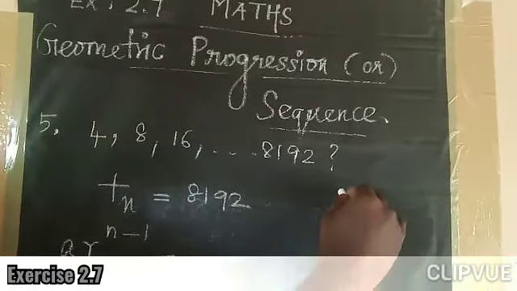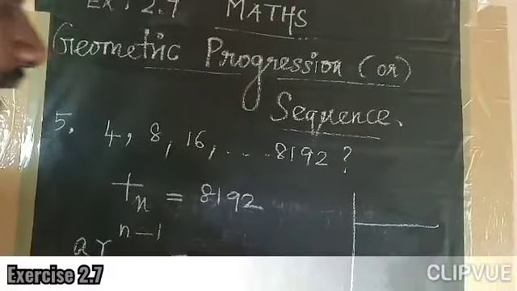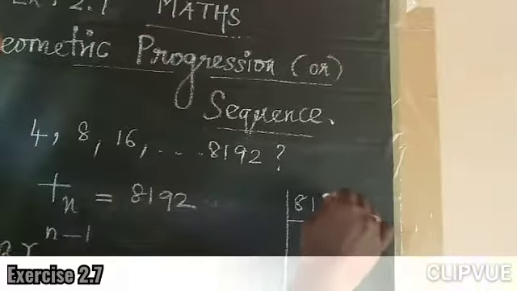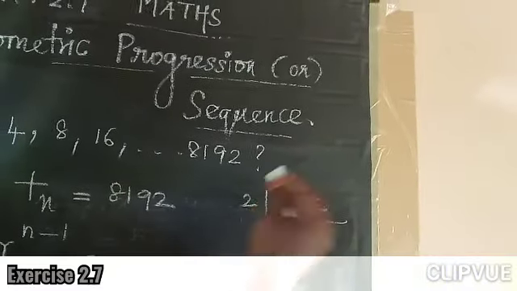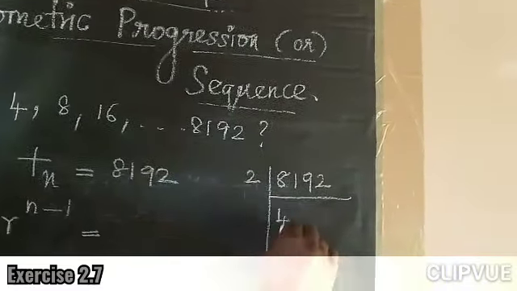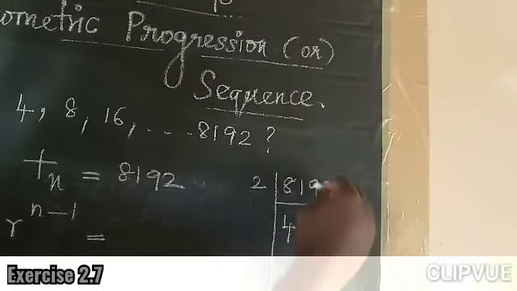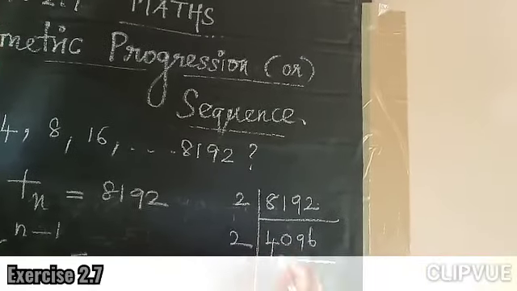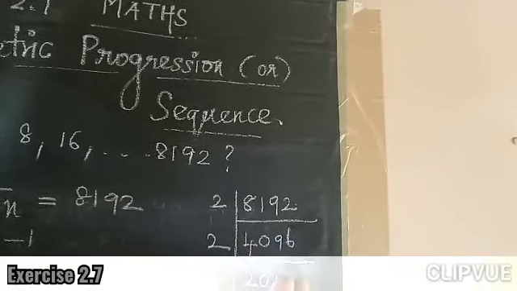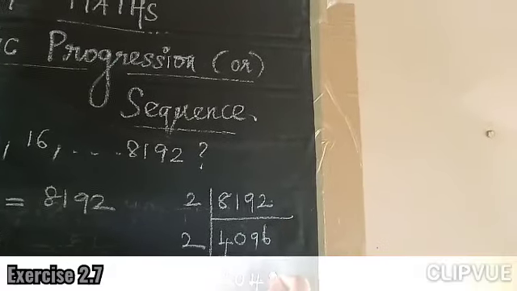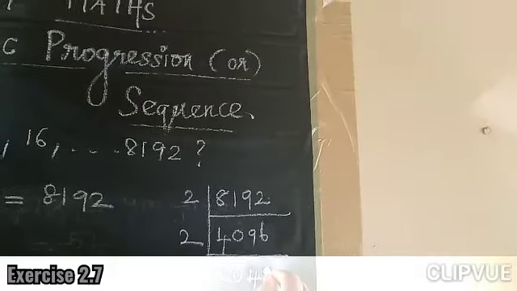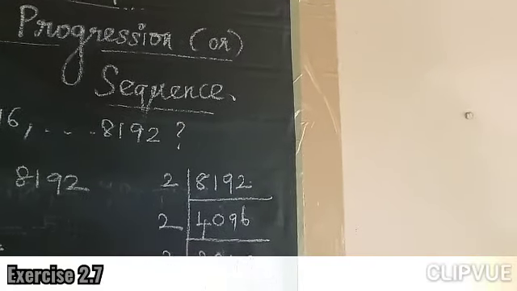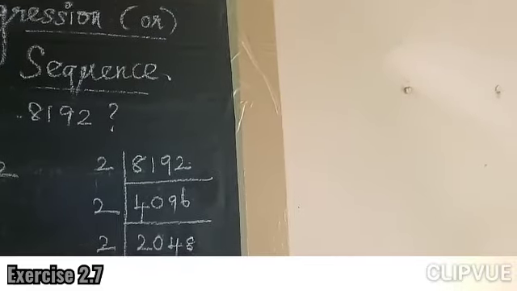So now I am going to find the prime factors of this number 8192. It should be divided by 2 repeatedly. Continuing to divide by 2, we reach 1024.